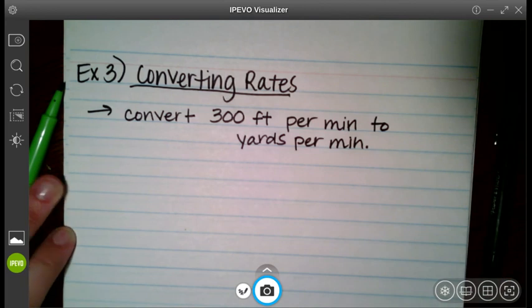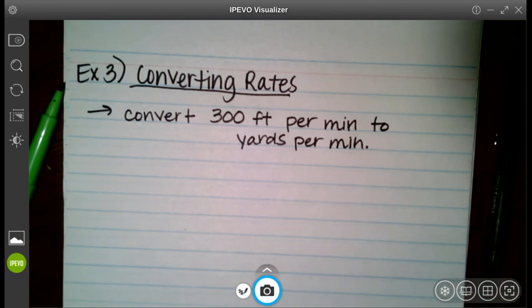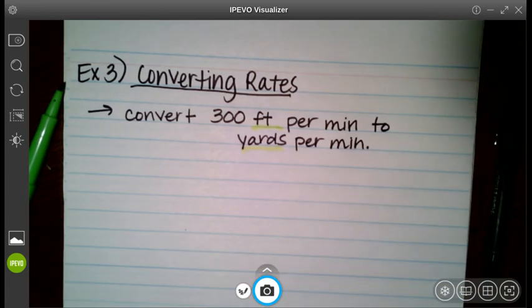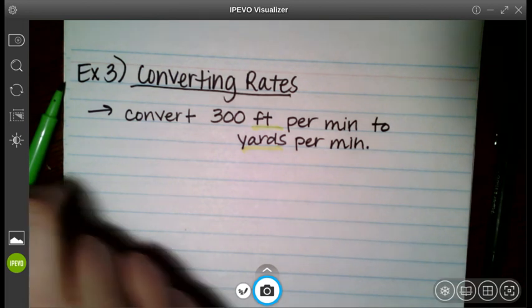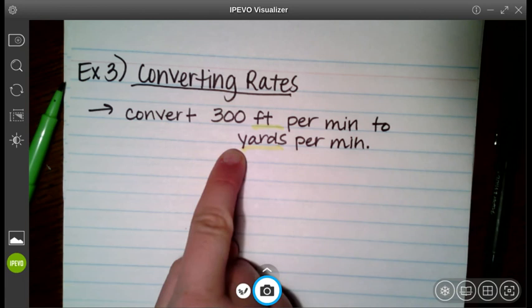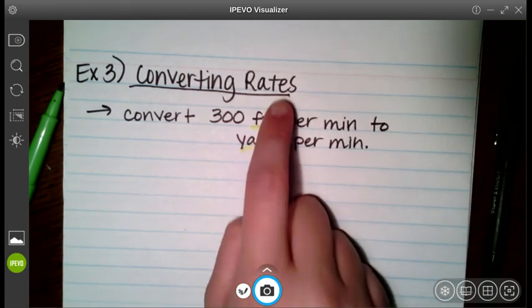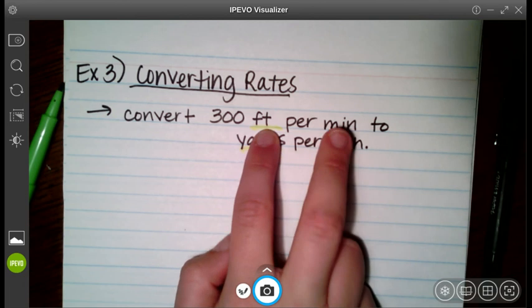So notice here that feet are being converted to yards. The minutes are staying the same. That tells me it's like my other problems where it was asking me what is 300 feet in yards. The minutes are staying the same, but it's a rate this time because I'm comparing feet and minutes.